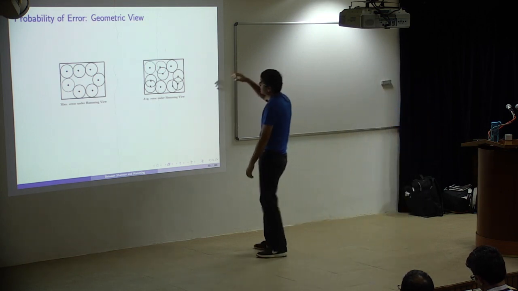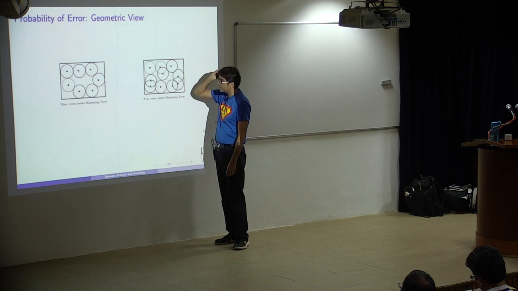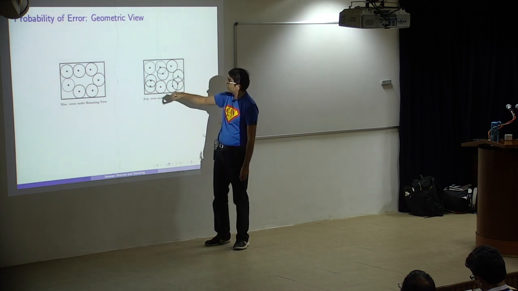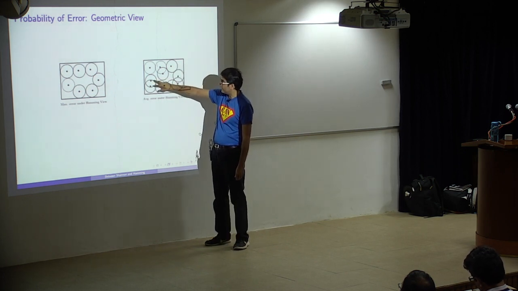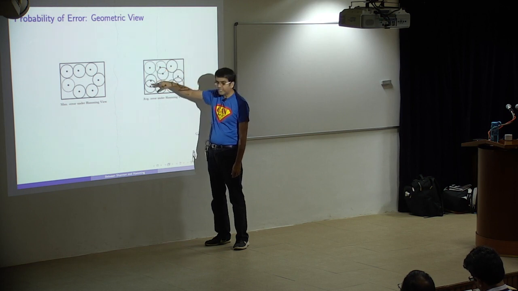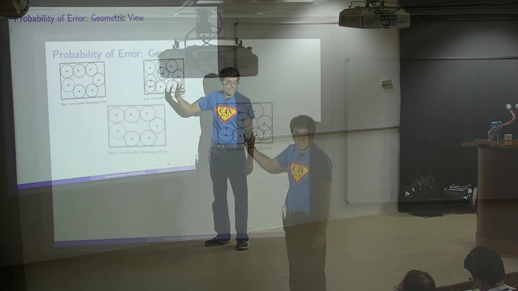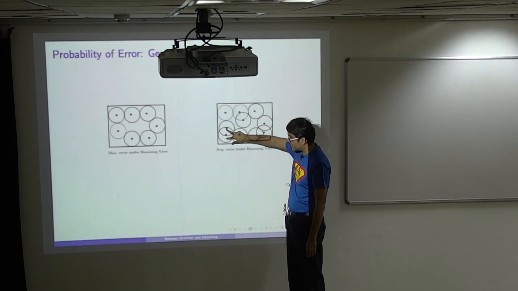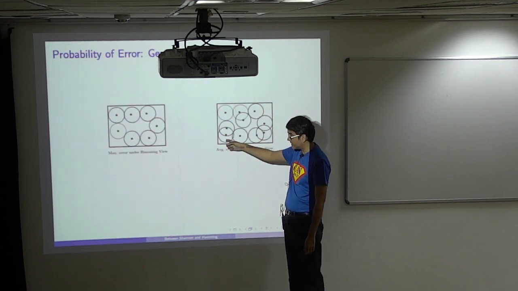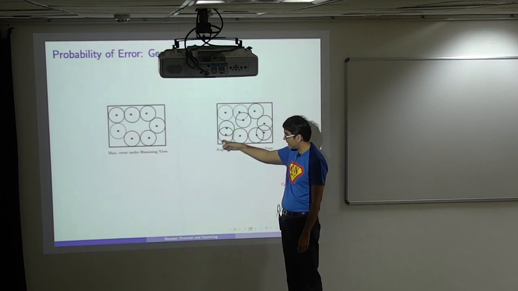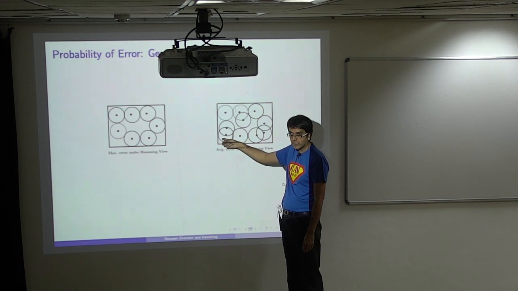And similarly, the average error under the Hamming view is also somewhat different. So average error would say, the number of balls where there's any overlap at all should not be very large, right? So over here there's some overlap, over here there's some overlap. So this is a bad transmission. Any one of these three is a bad transmission. This can be confused with this, can be confused with this, right?